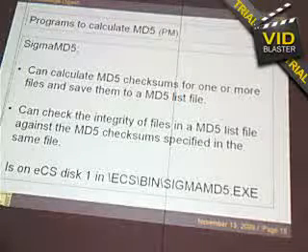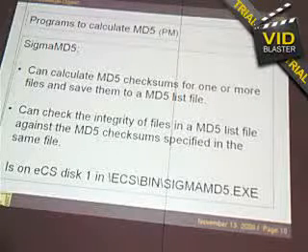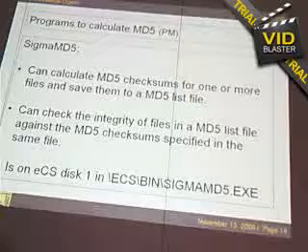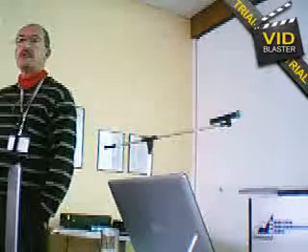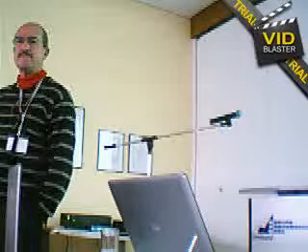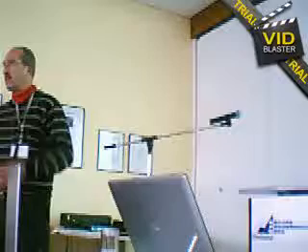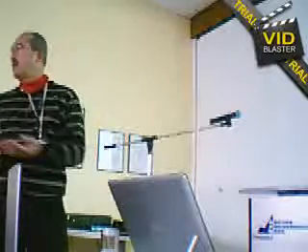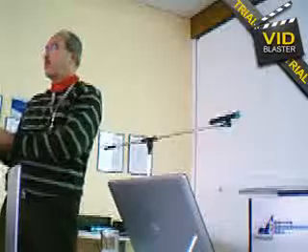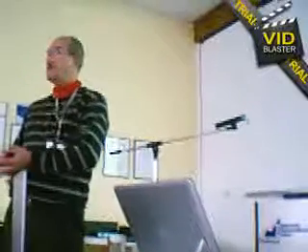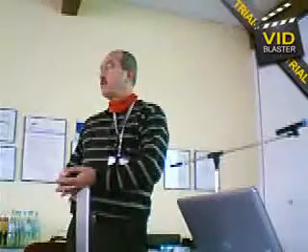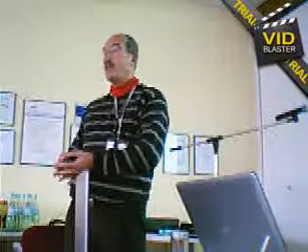When you start booting your CD, you have the possibility to go to maintenance, put it that way. There you can ask LVM to partition your disk, you can do a command line and so on. You can also call up Sigma MD5, it's there.